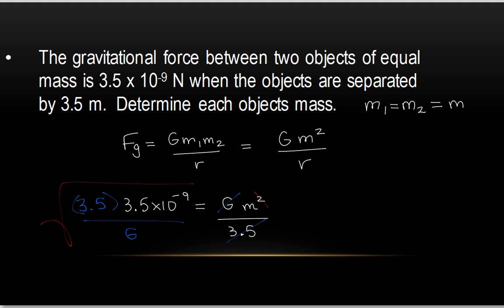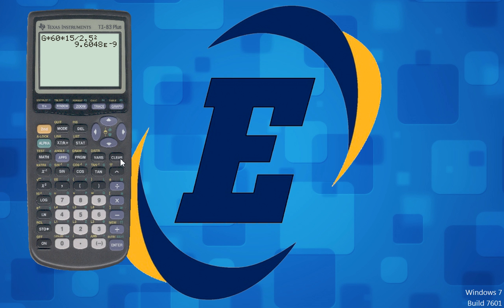And if you can't see this screen very well, turn out the lights. Alright, so here we go. 3.5 times 3.5 times 10 to the negative 9 divided by G. Oh, that makes life so much easier when it's plugged in like that.